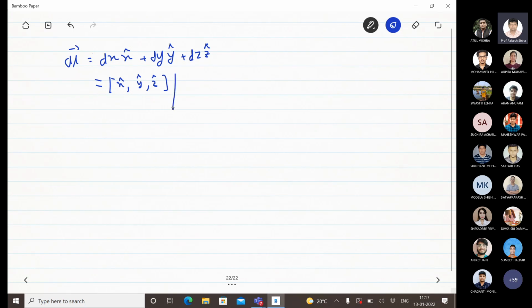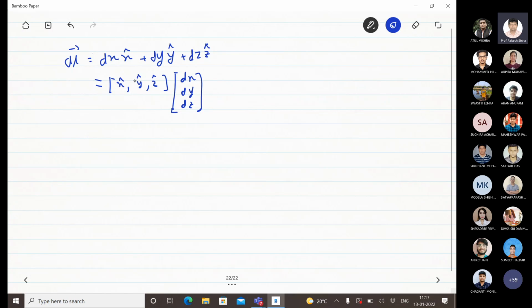Now here you have another vector that represents dx, dy, dz. The elements of this vector are the increment in the x direction, the increment in the y direction, and the increment in the z direction.